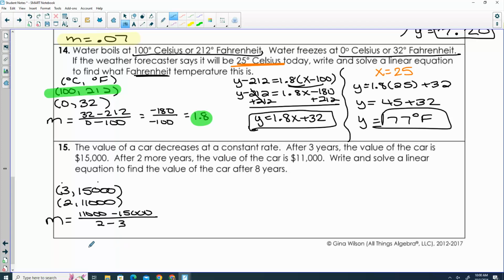So we're setting up that slope. Now we just have to simplify. So if I do my 11,000 minus 15,000, I get a negative 4,000 divided by 1. So my slope is negative 4,000.